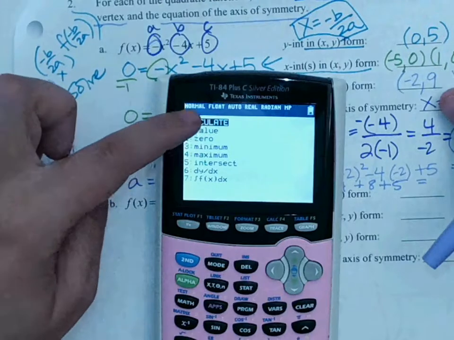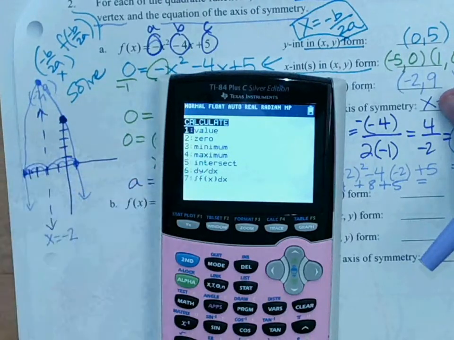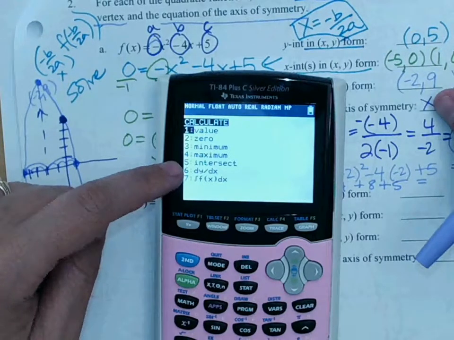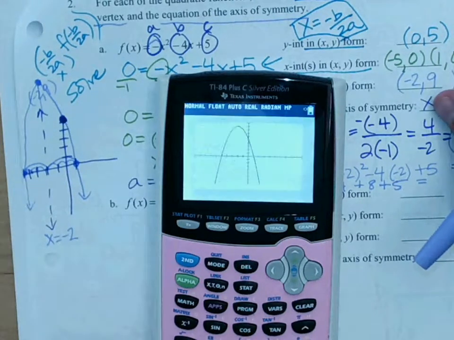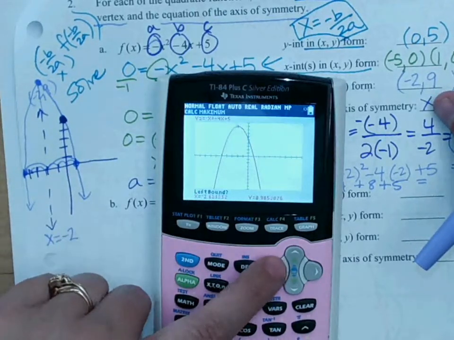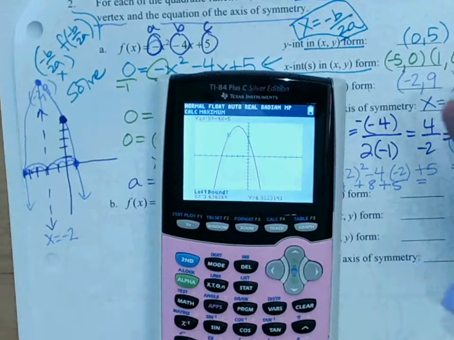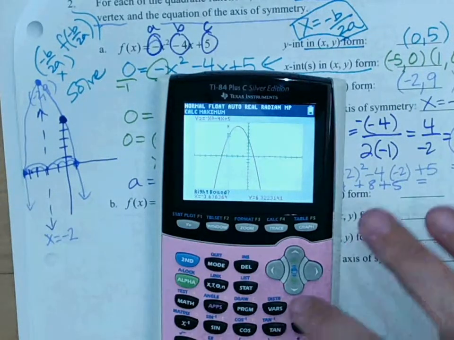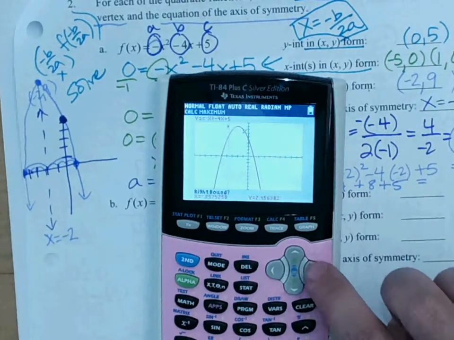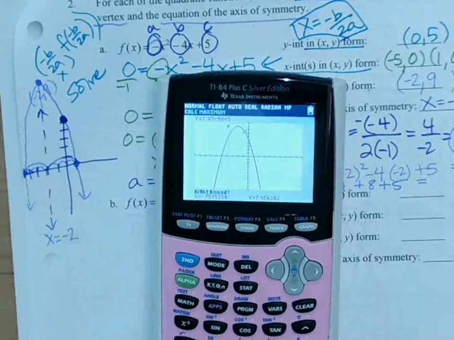The highest point, or the maximum. So if I want to find the maximum, I go 4. Left bound means I have to go to the left side of the maximum. Am I on the left of the maximum? Yes, I push enter. Right bound means I need to scroll over to the right side of the maximum. Am I on the right side of the maximum? Yes. Enter. Now it says guess, and just push enter through that.